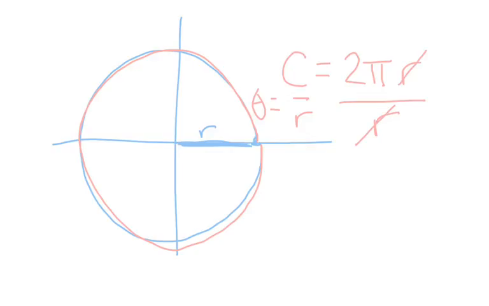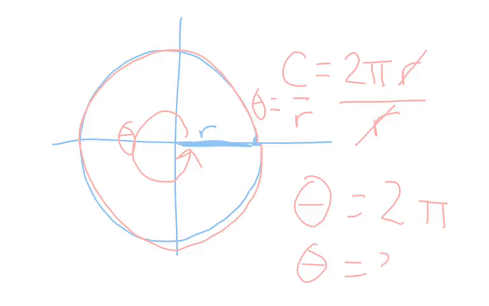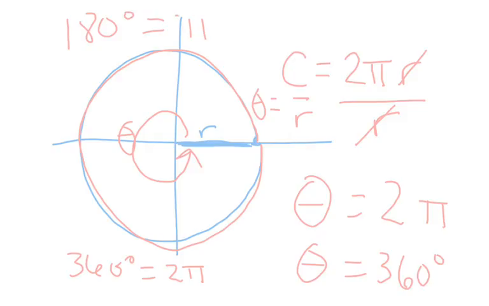And so the radius will cancel, so we know that the angle all the way around is 2 pi. And we also know that the angle all the way around is 360 degrees. And that is why there are 360 degrees in 2 pi radians, or if you divide both sides by 2, 180 degrees in pi radians.